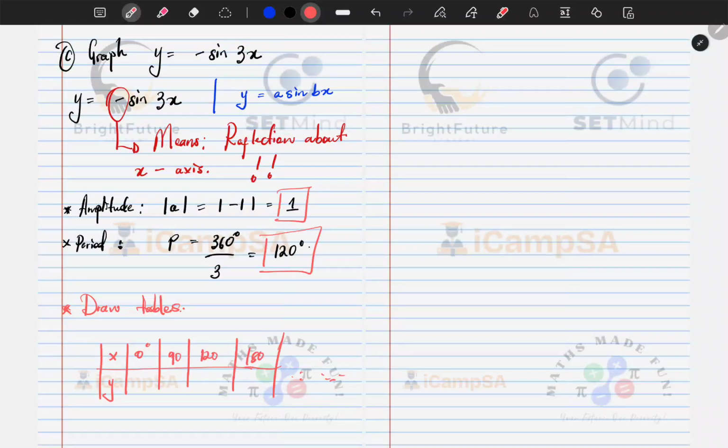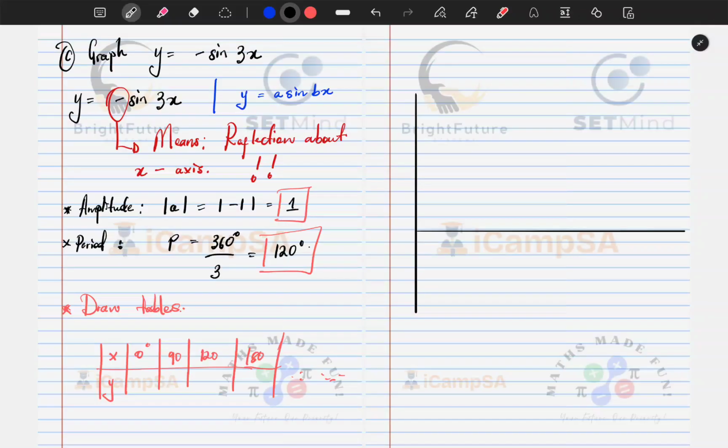It's a tip, but this is how we can draw this graph. It means it's going to take us 120 degrees to complete one cycle.